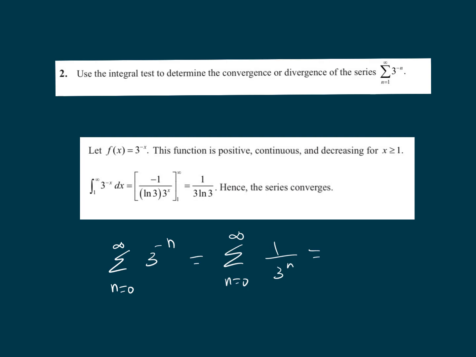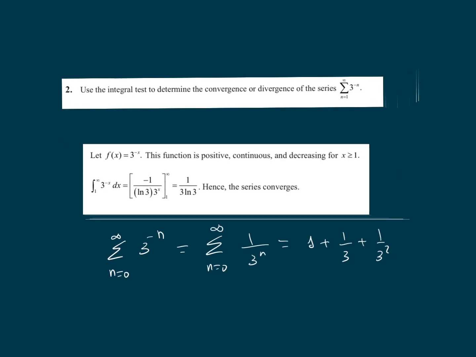If I develop some numbers, when n equals 0 it is 1, when n equals 1 it is 1/3, then 1/3 squared, 1/3 cubed, etc. So this is clearly a geometric series, and r is 1/3. Because r is smaller than 1, this series converges.